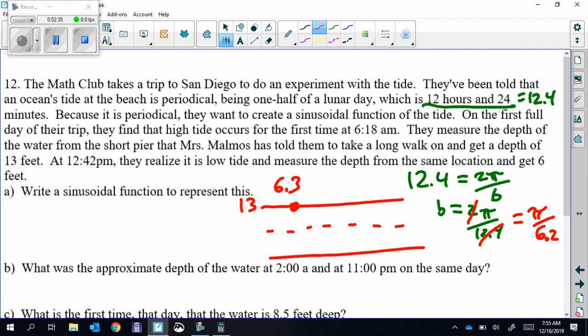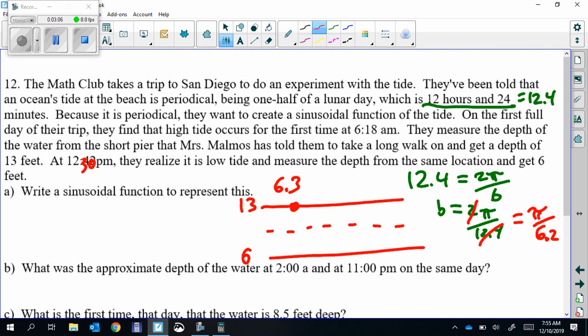We measure the tide at 6 feet. So that's low tide. 12:30. And that's at 6 feet.